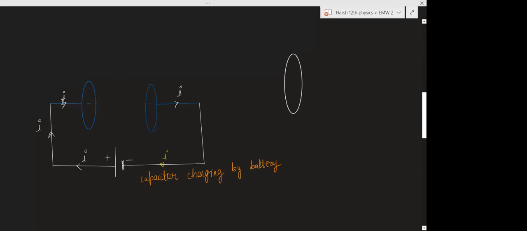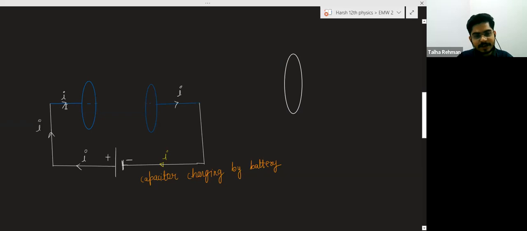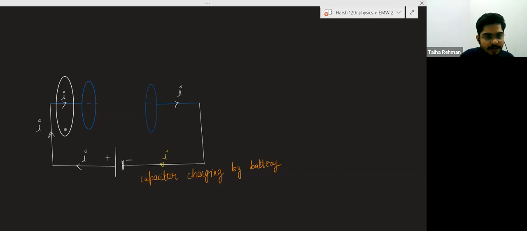This is a wire carrying a current I. Due to this wire, there will be a magnetic field at some point. So I have supposed a loop, an Amperian loop. Suppose at this point, point X, I want to find the magnetic field.